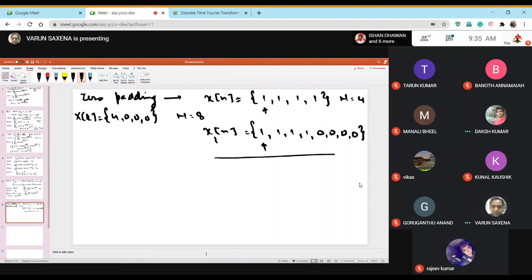The thing that you people can actually do is get a general expression for X1[k].